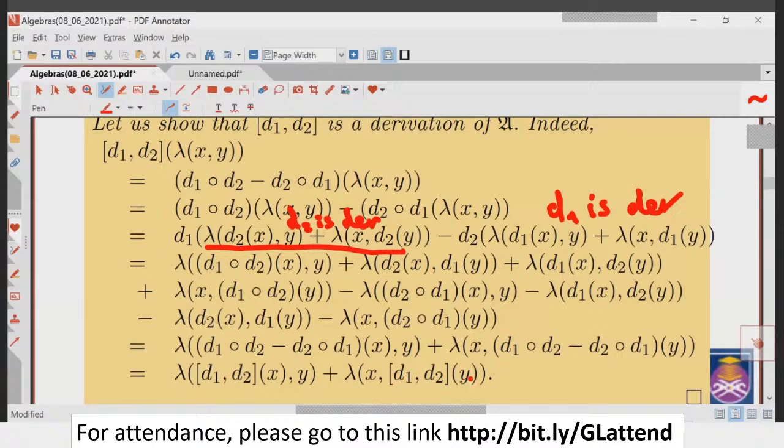This is exactly the Leibniz rule. So that is why the bracket [D1, D2] is a derivation.